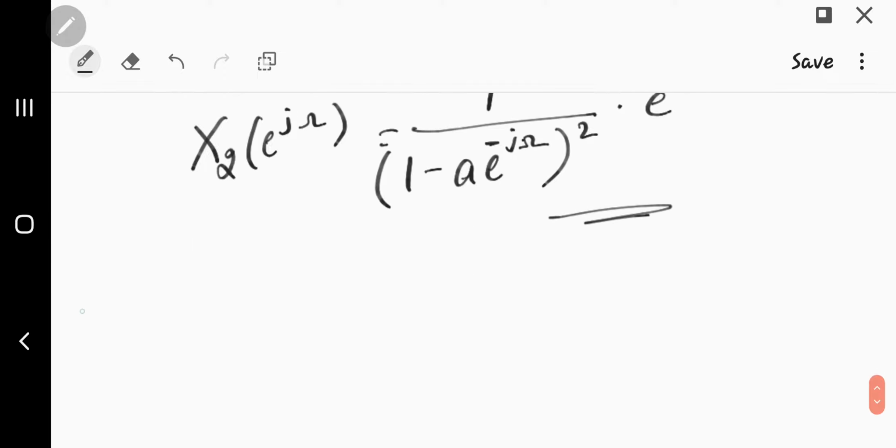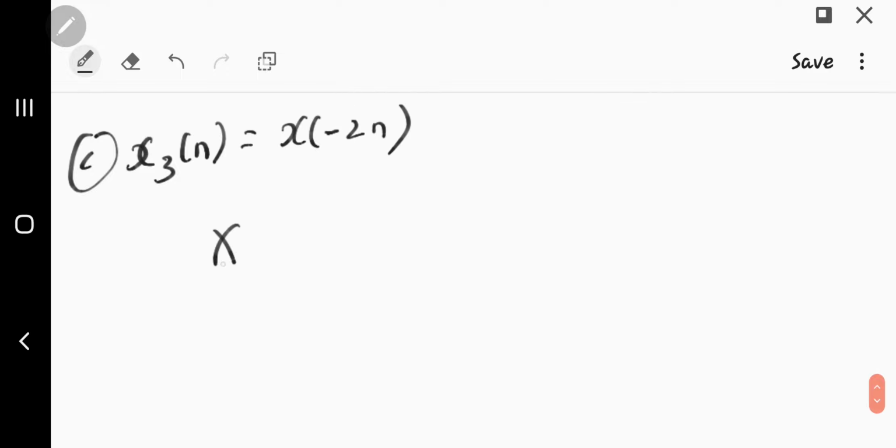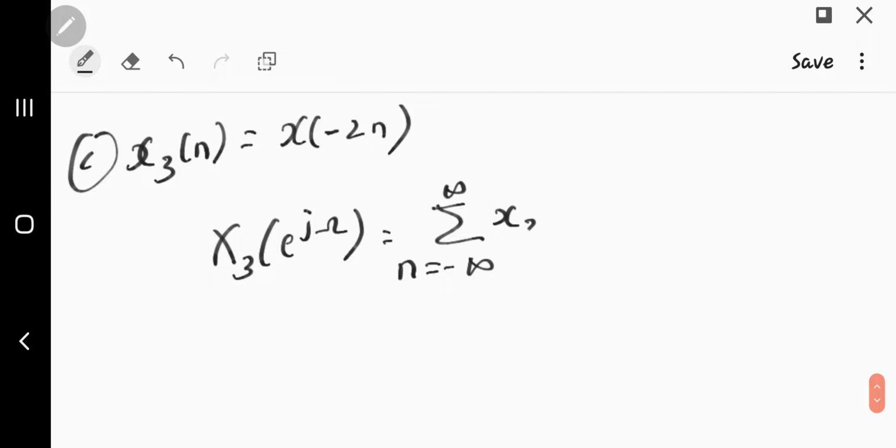Now third one, given x3 of n is equal to x of minus 2n. So x3 of e power j omega is equal to summation n is equal to minus infinity to plus infinity x3 of n e power minus j omega n.